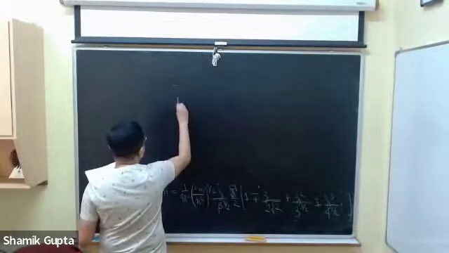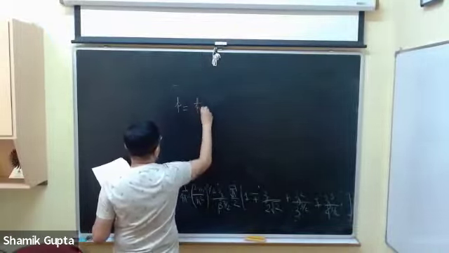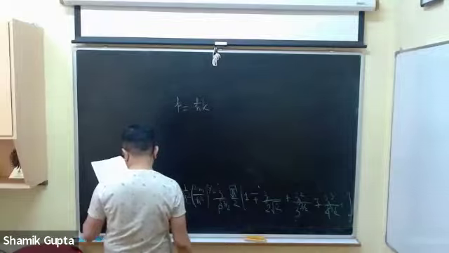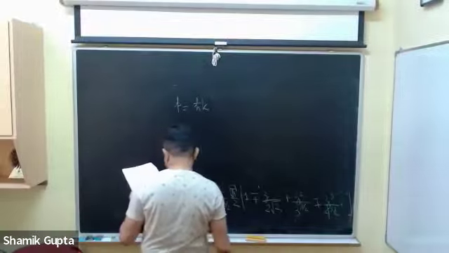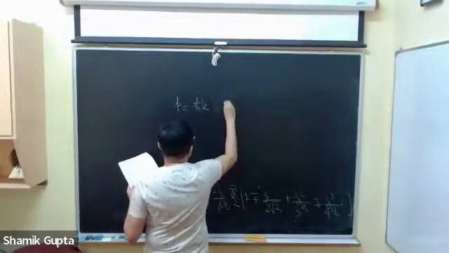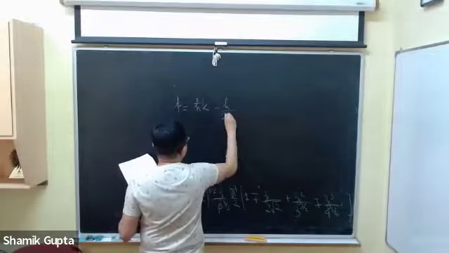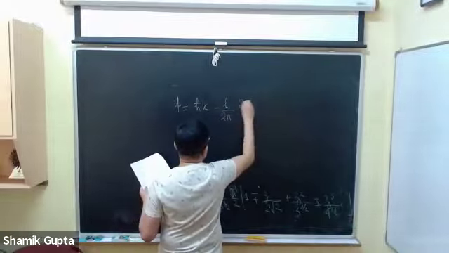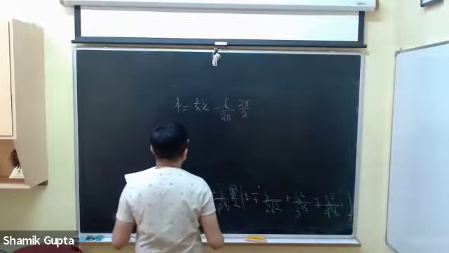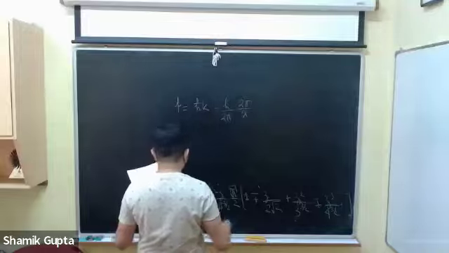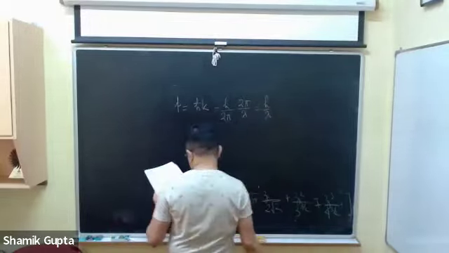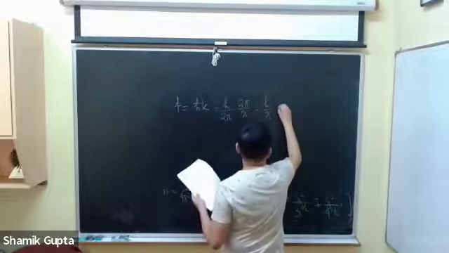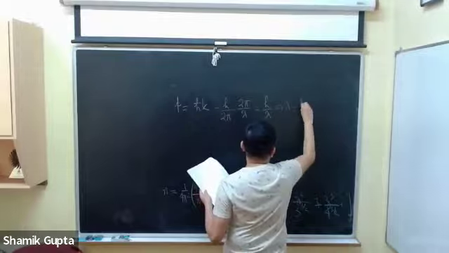We go with the momentum related to the wave number in terms of this formula, which is h by 2 pi, and k is 2 pi by lambda. So this is equal to h by lambda, because lambda is equal to h by p.